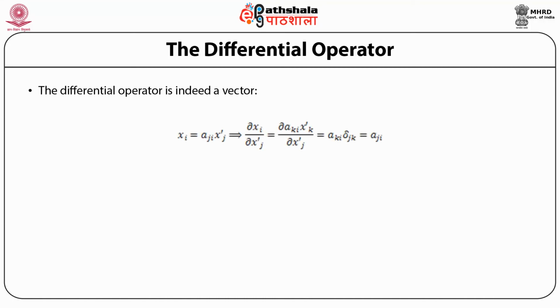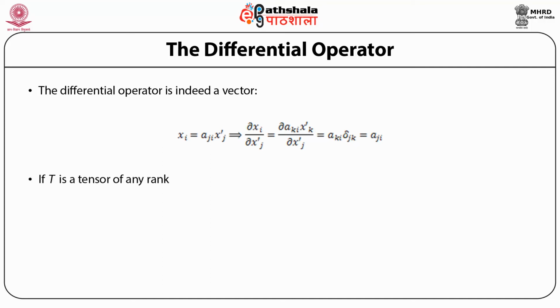So xi equals aji x dash j, which implies that del xi by del x dash j equals del (aki x dash k) divided by del x dash j, equals aki into del jk, equals aji.